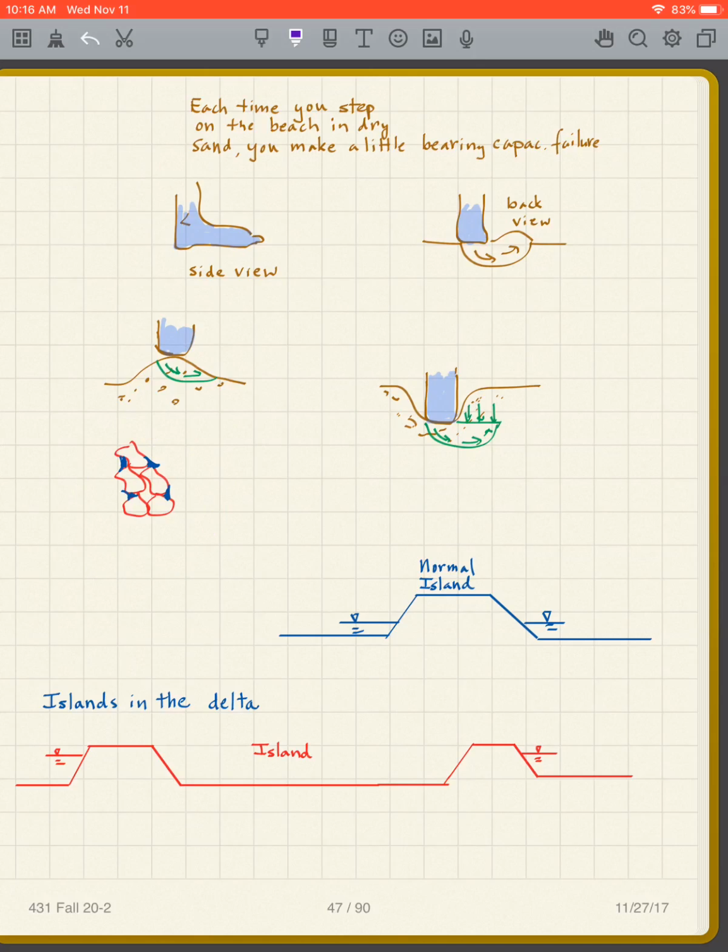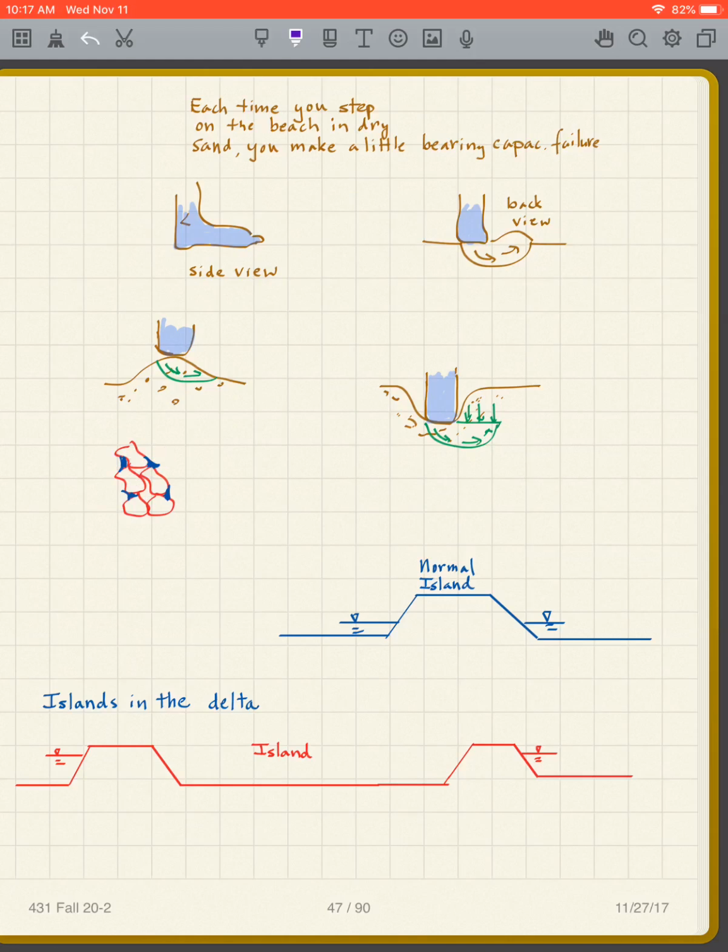Because the little capillaries, the water, in a sense, connects the sand particles. Those little capillaries pull the sand particles together and create some effective stress at the boundaries between those sand particles.